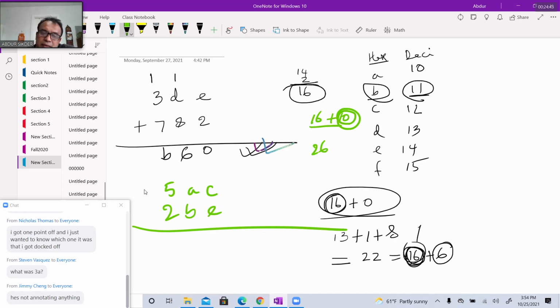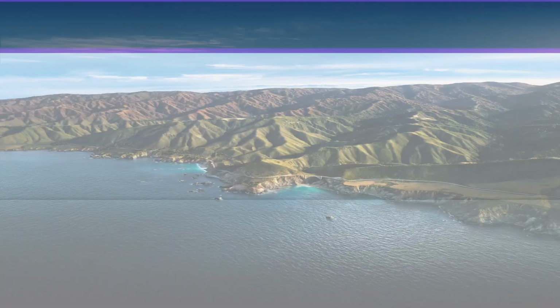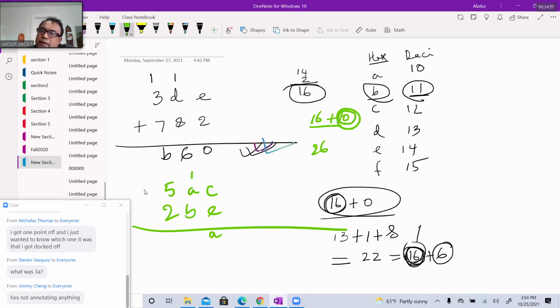So 10 is A. So you get A. And then you go 1. Now the A is 10, so plus 1 is 11. And B is 11, it's 22. So 22 is 16 plus 6. We have it here. So you put 6 here. And then you go 1 here. 5 plus 1 is 6, plus 2 is 8. So it's 8, 6, 8.